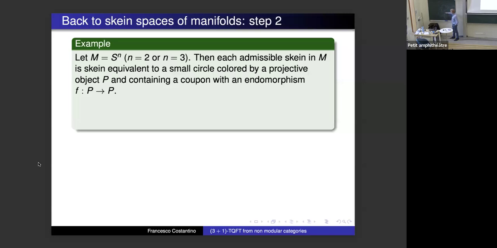And you see there is a p-colored, so projective colored arc, which is not entirely contained in that box. So here I can replace this box by a single morphism which goes from P to P, and that's what I call F prime. This is a skein equivalence which is allowed. Okay, so this is to motivate the fact that actually up to skein equivalence I can always reduce to a graph which looks like this one. Okay, so easy.